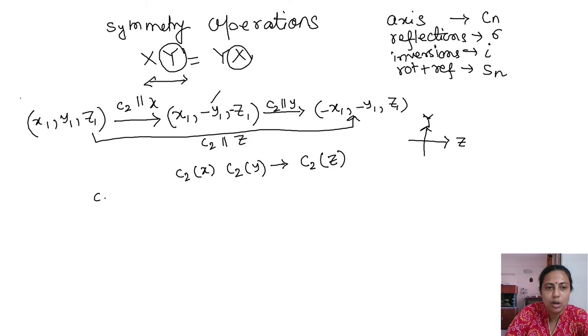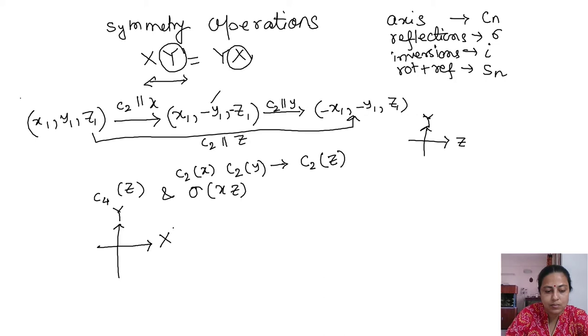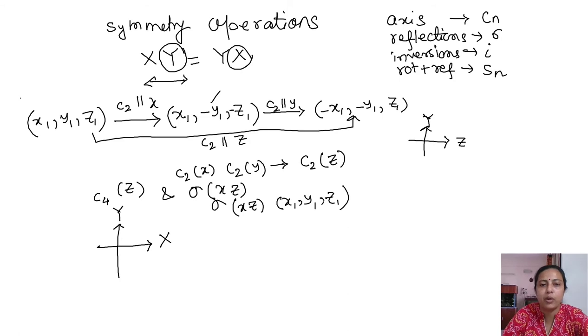This is about a C4 axis along the Z axis and a sigma along XZ. Suppose you are doing a sigma XZ on x1, y1, z1, any particular coordinate.